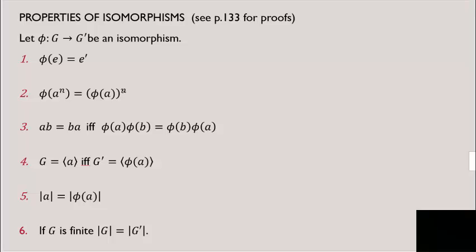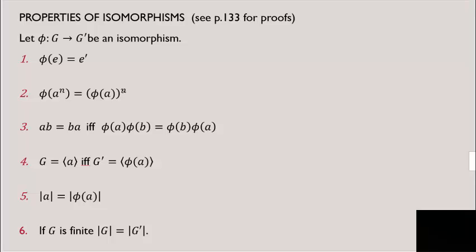If G is finite, then the order of the two groups is the same. Well, it has to be, the mapping is 1-to-1 and onto, so of course the groups have to have the same order. So notice how I put these in words. Identities carry to identity.